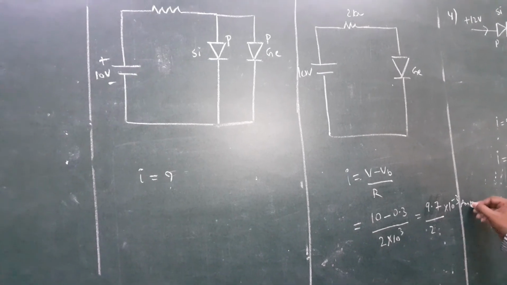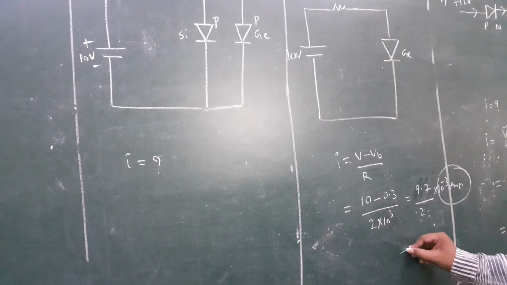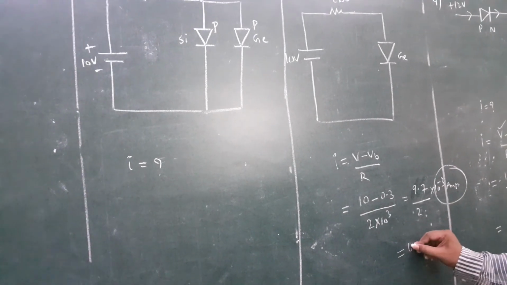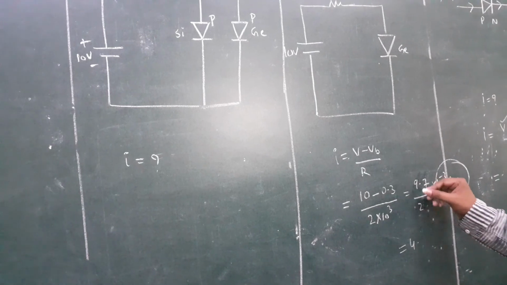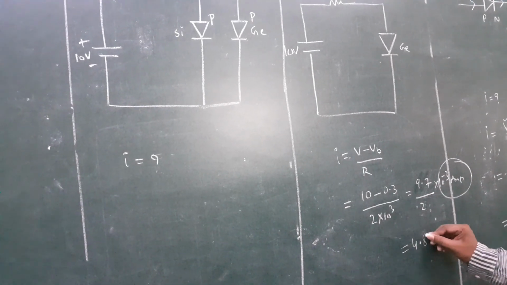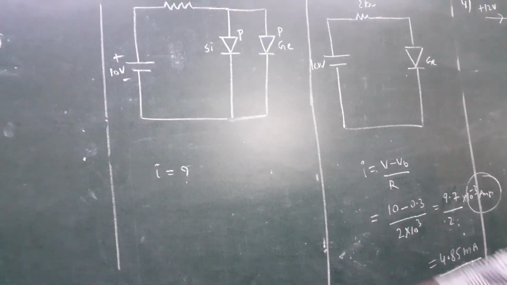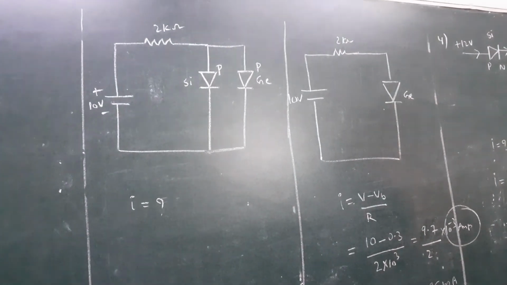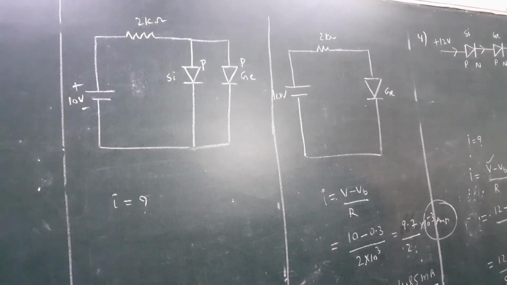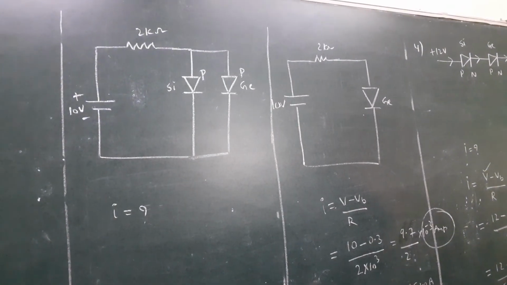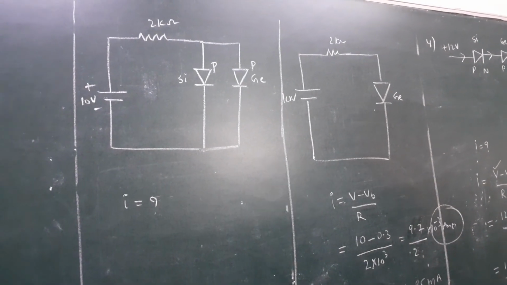The current unit is amperes, and 10 power minus 3 is written as milliamperes. 2 4s are 8, giving 4.85 milliamperes. These two models: when both oppositions are equal, follow the shortest path; when both are unequal, follow the least opposition.